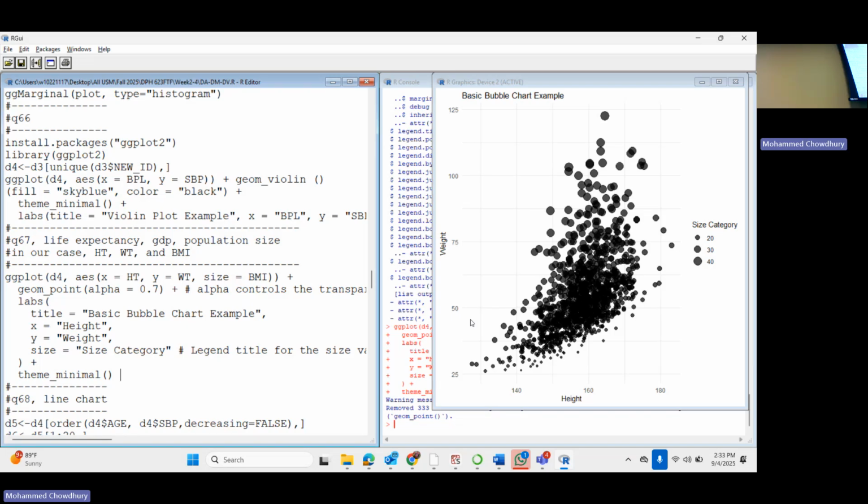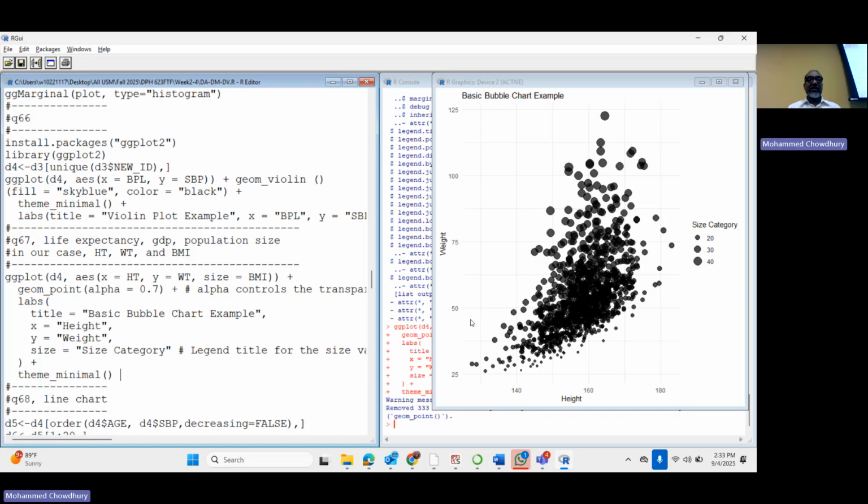Here, height I put there, and then weight I put there. And after putting height and weight, I put another one, which is known as the BMI. So the BMI is the dot. Corresponding to height and weight, if there is a very big BMI, then the bubble size is bigger. Okay, that's the explanation of this.